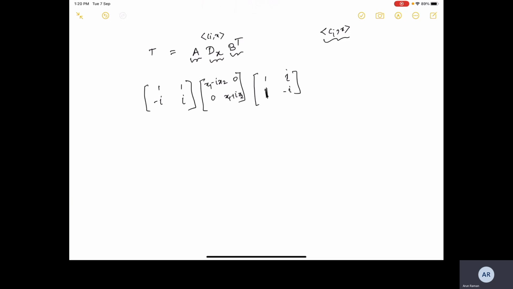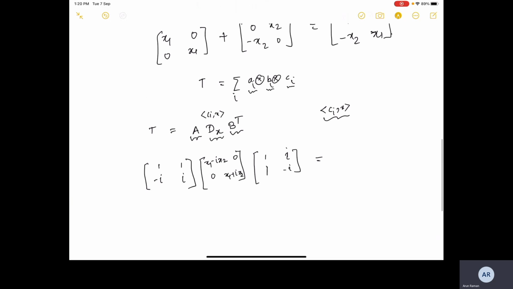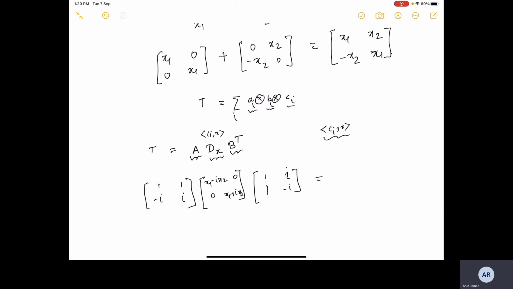Now, you can verify at home that when you multiply these three matrices, you also have to include the factor of 1 by 2. Just keeping those factors in mind, what we will obtain is the left hand side, x1 x2 minus x2 x1.